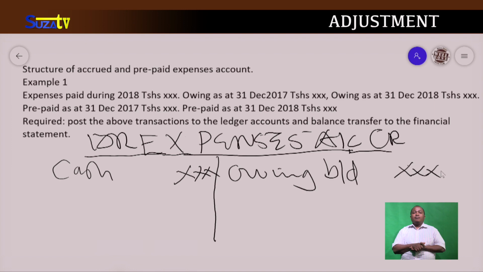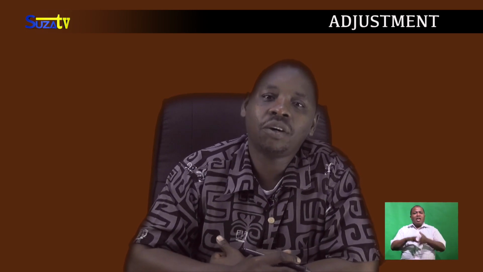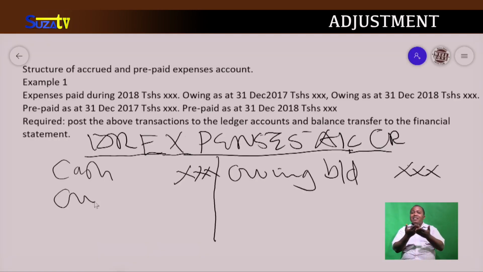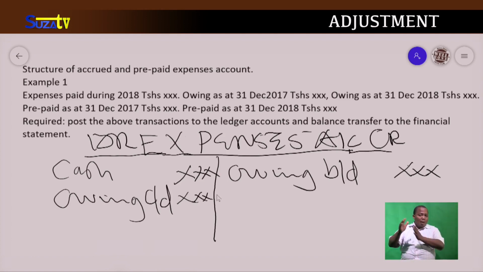And owing as at 31st December 2018 Tanzania shillings X. This is a current owing. The current owing should be added to cash. You put here on a debit side and say owing CD. Then prepaid as at 31st December 2017.